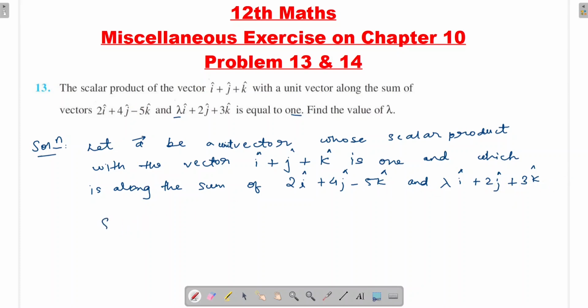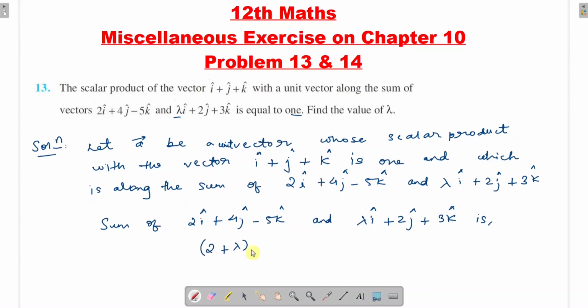The sum of 2 i cap plus 4 j cap minus 5 k cap and lambda i cap plus 2 j cap plus 3 k cap: 2 i cap plus lambda i cap is 2 plus lambda i cap, then 4 j cap plus 2 j cap is 6 j cap, then minus 5 k cap plus 3 k cap is minus 2 k cap.